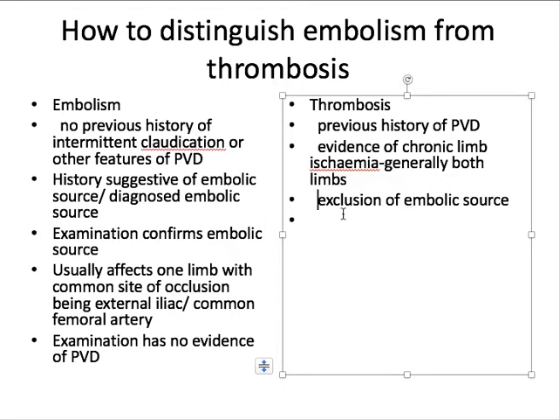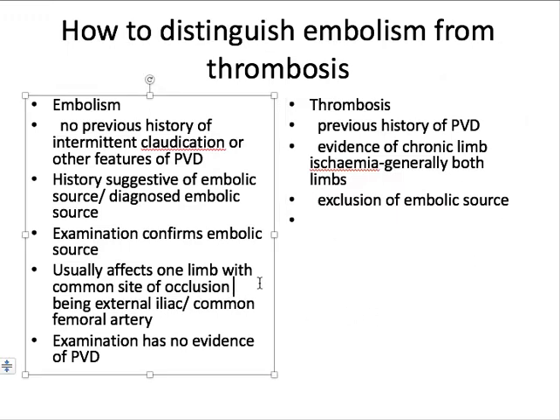And also, we have excluded an embolic source. So, quick history. The key is the previous history of the chronic occlusive disease, the history plus the examination findings, and here it is not there, and there will be an embolic source.